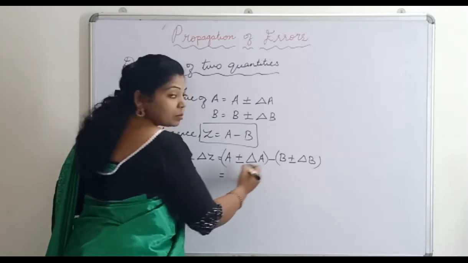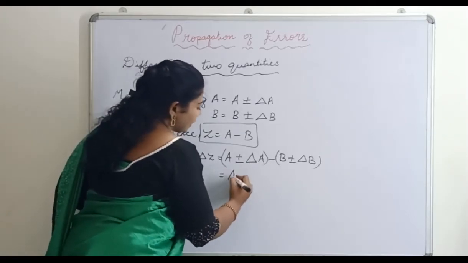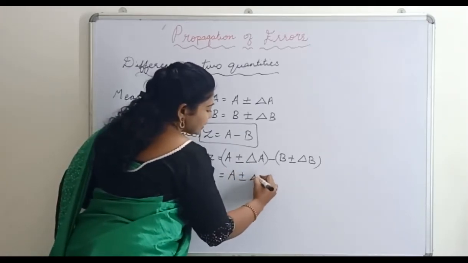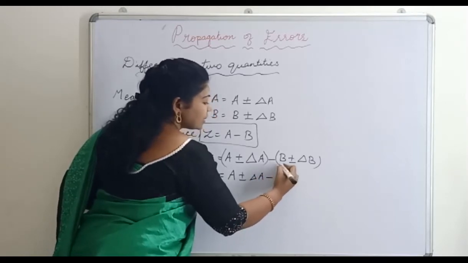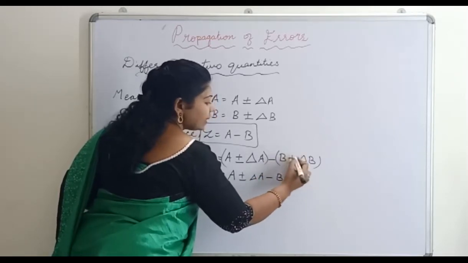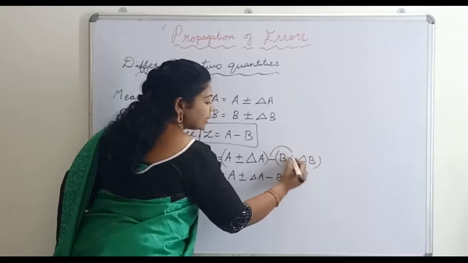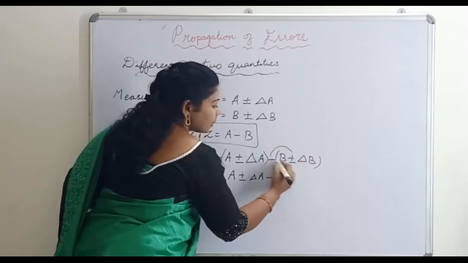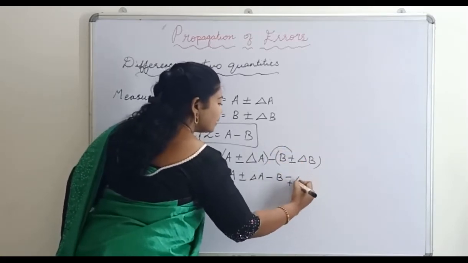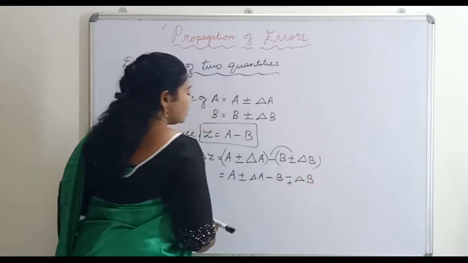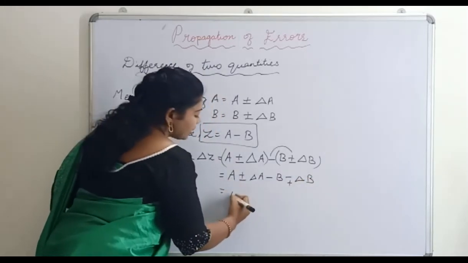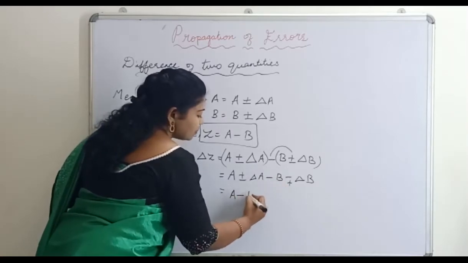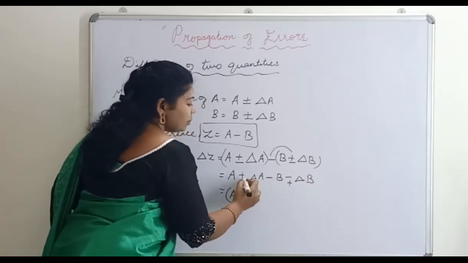Okay, so now we have to remove the bracket. How can you write A plus or minus delta A minus B? This minus goes inside, so it becomes minus into plus, minus into minus, plus delta B. So rearrange and write, it will become A minus B plus or minus.